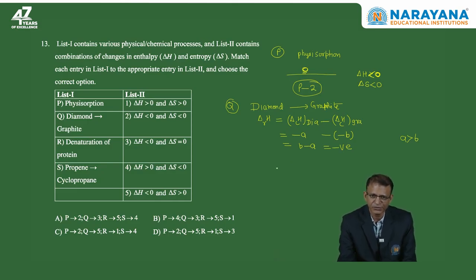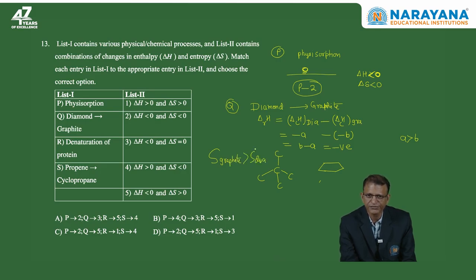And diamond, we know, is a three-dimensional network solid where each carbon atom is attached with 4 carbon atoms, while graphite has a sheet-like structure, but between the two sheets there is van der Waals force of attraction, right? So if we discuss the entropy, we can write that the entropy of graphite is greater than the entropy of diamond.